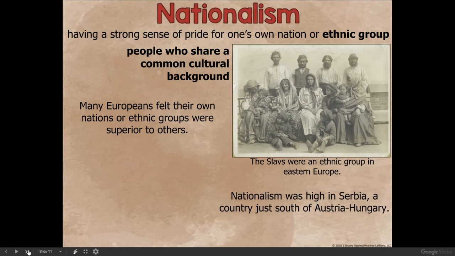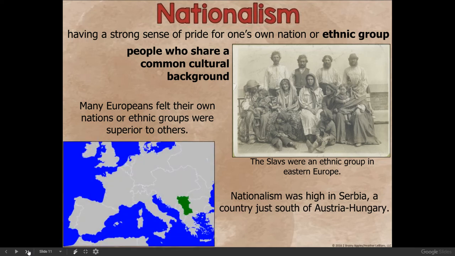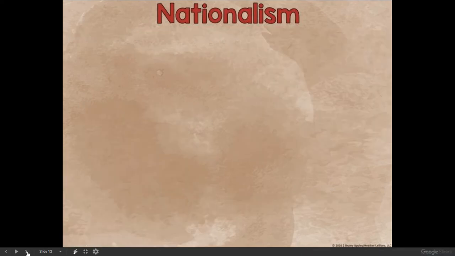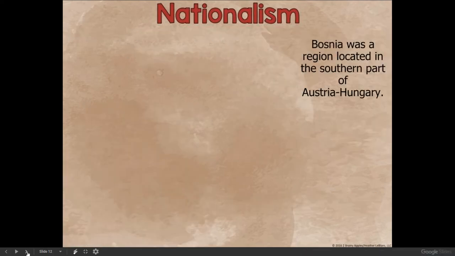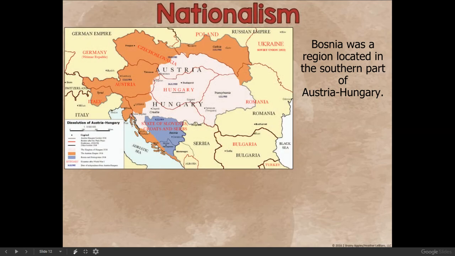And nationalism was especially high in Serbia, that country just south of Austria-Hungary. Okay, it's highlighted right here. So Bosnia is this blue region here that is in the southern part of Austria-Hungary.